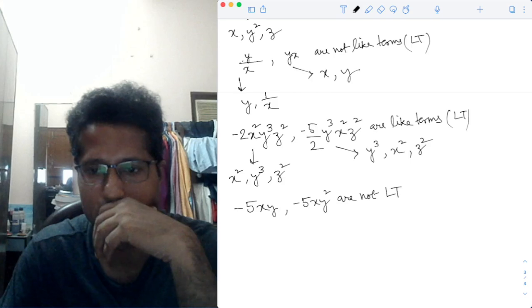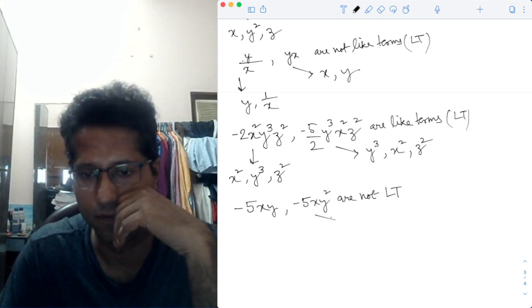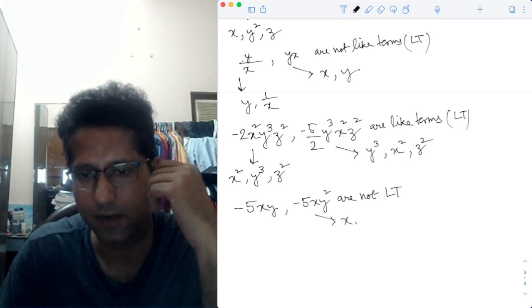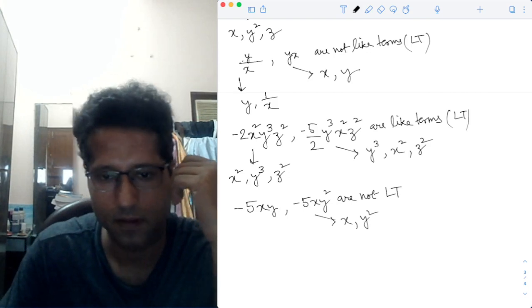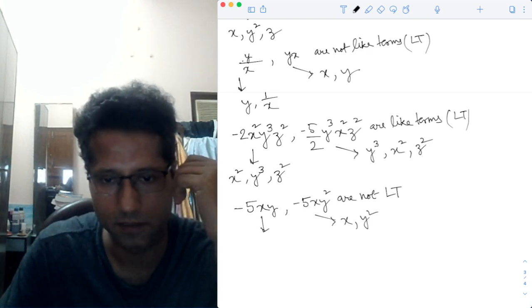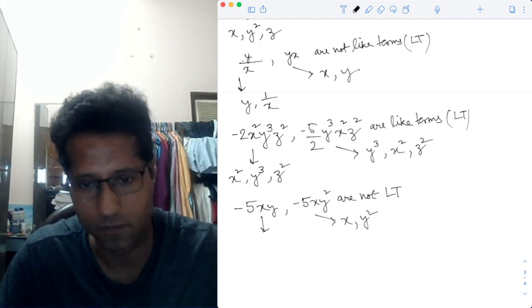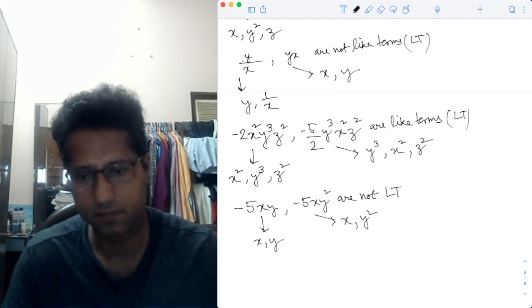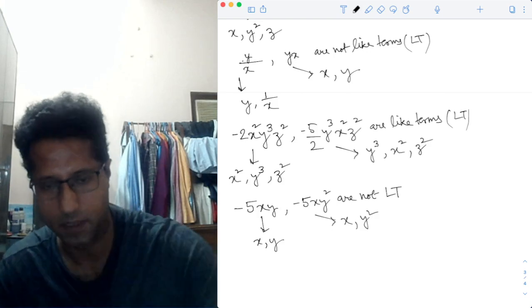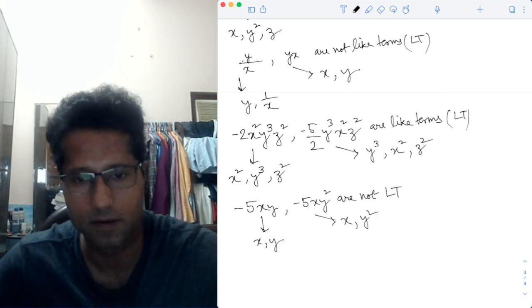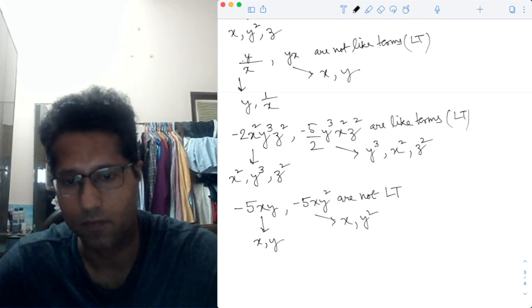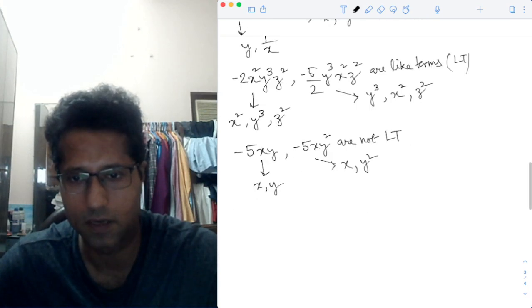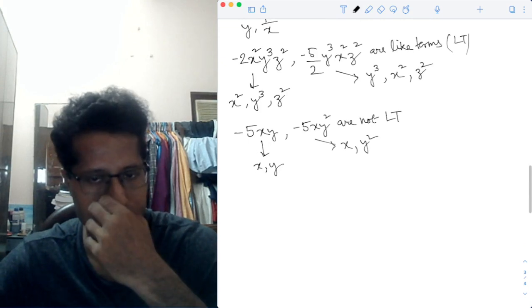For the first, the literal factors are x and y. For the second, the literal factors are x and y square. X is a common literal factor, but the first term has y as a literal factor, whereas the second term has y square. So they are not like terms.